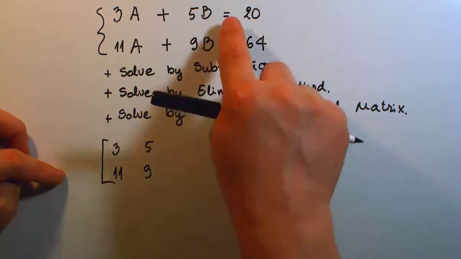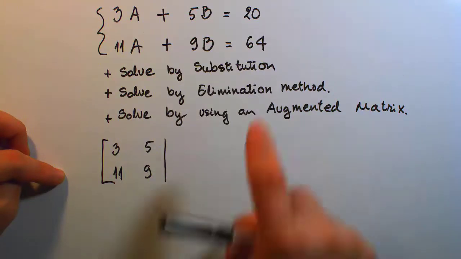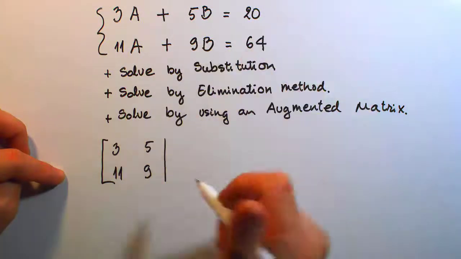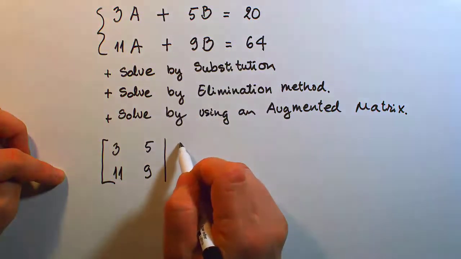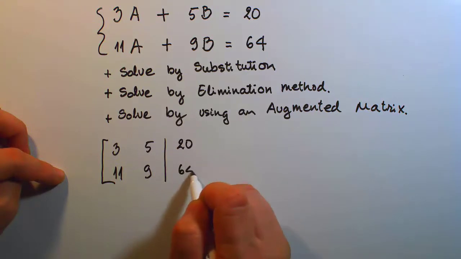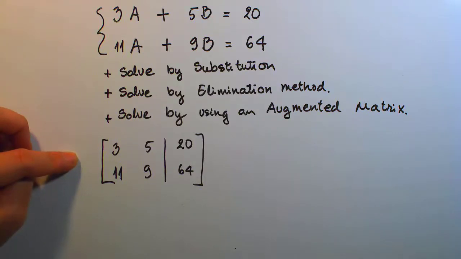And the equal signs line up as one vertical line. The numbers on the other side of our two equations take another column, being 20 and 64. What we now have is an augmented matrix.